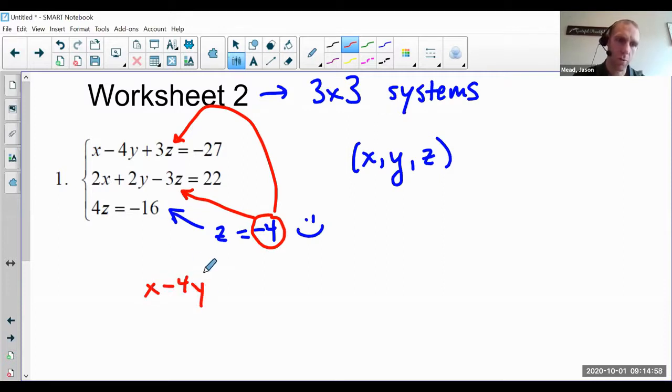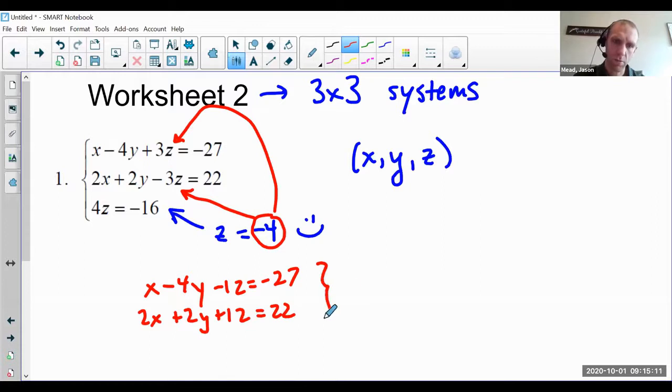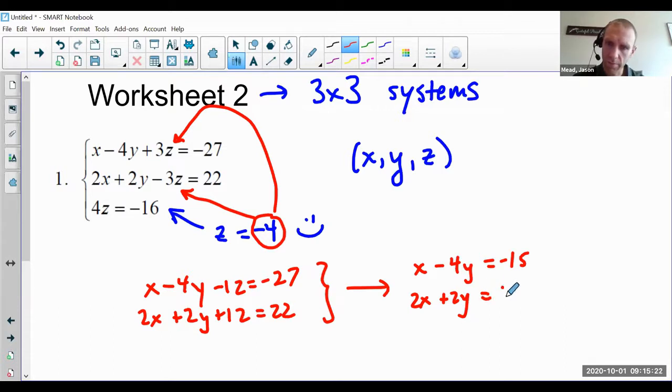So x minus 4y minus 12 equals -27. That's what happens when I put the -4 in here. And 2x plus 2y plus 12 equals 22. If I get these into standard form, x minus 4y equals -15, and 2x plus 2y equals 10.